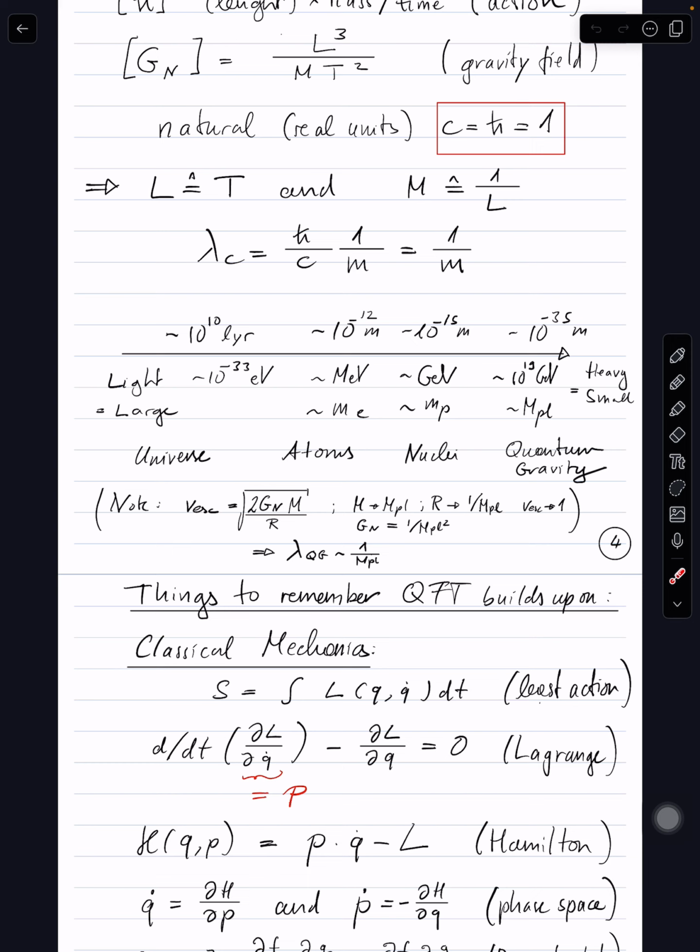Now going further down in energy brings us to the largest distances and smallest masses that we can actually think of. 10 to the minus 33 electron volts is an insanely small mass and corresponds to 10 to the 10 light years, so basically 10 to the 10 years for light.